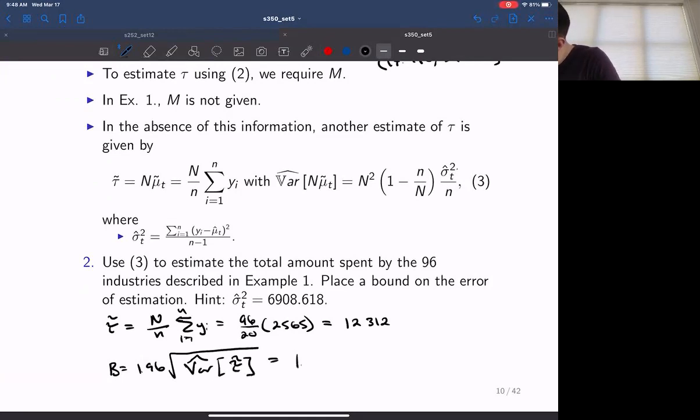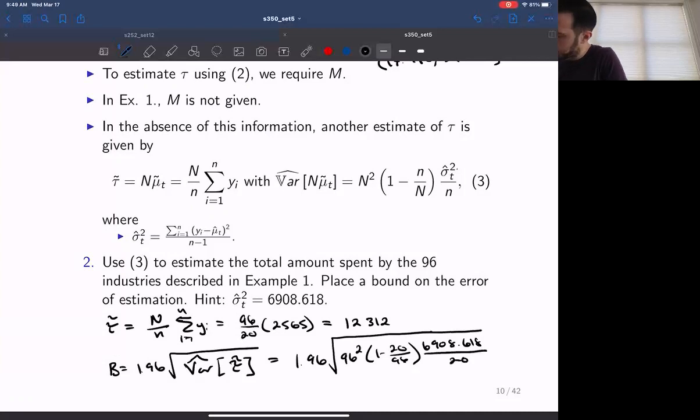So this is going to be 1.96 multiplied by the square root of 96 squared, times 1 minus 20 over 96, multiplied by 6,908.618 divided by 20. And that's going to be equal to 3,111.567.